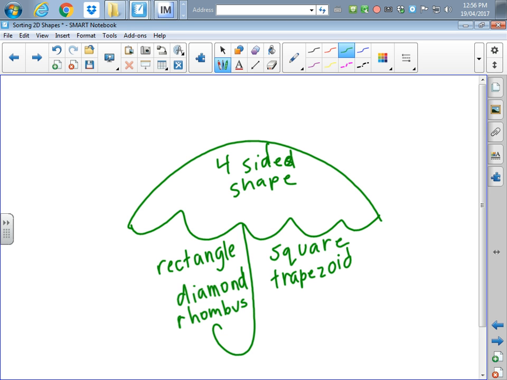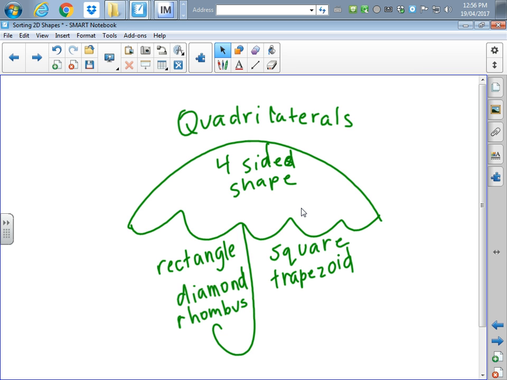So I'm saying that quadrilaterals are any shape with 4 sides. And it makes like an umbrella. Underneath the umbrella of the quadrilateral, we have names for other shapes.